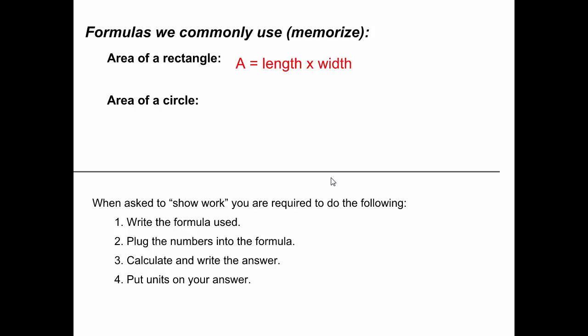No, that's something else. Or perimeter? That's the circumference. Christopher? Area equals pi times the radius squared. Pi r squared is the formula for the area of a circle.